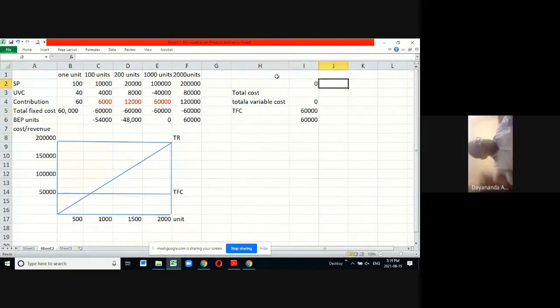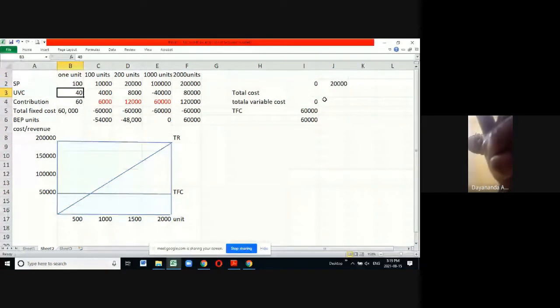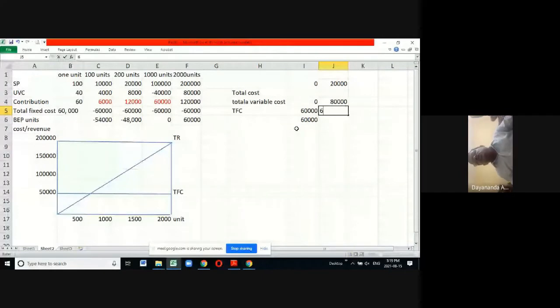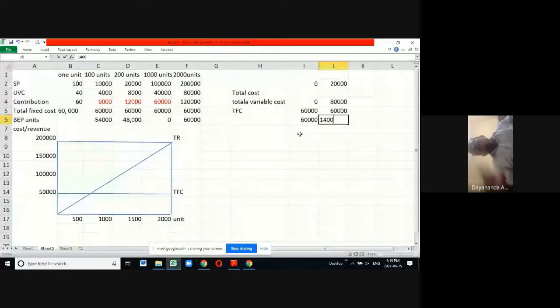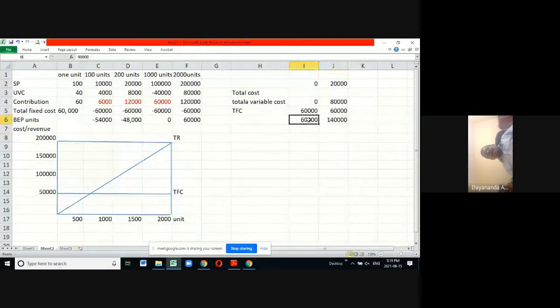අපි ඊළඟ 2000 වලදී බලනවා කොහොමද කියලා. 2000 වලදී variable cost එක එකකට 40ක් වුණා. එහෙනම් 80,000 නේ variable cost එක. We know that TFC is remaining constant, that is 60,000. So thereby variable cost plus fixed cost would be 140,000. So thereby බිඳුවේදී total cost එක 60යි.